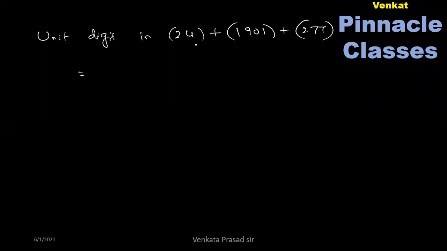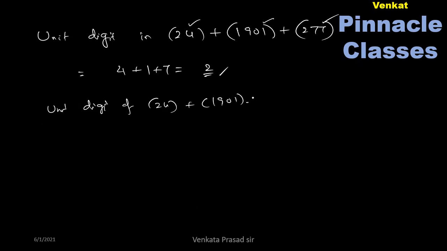Simply add the unit digits. 4 is there, 1 is there, 7 is there. So 4 plus 1 plus 7 is how much? 8 plus 4, 12. That means the unit digit is 2. Give the conclusion. The unit digit of 24 plus 1901 plus 277 is 2.